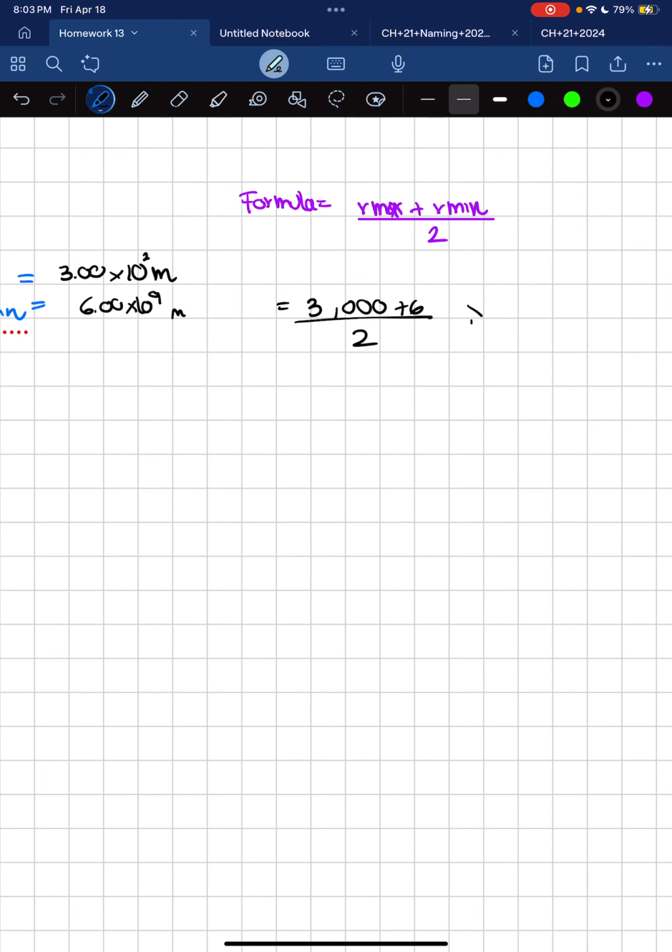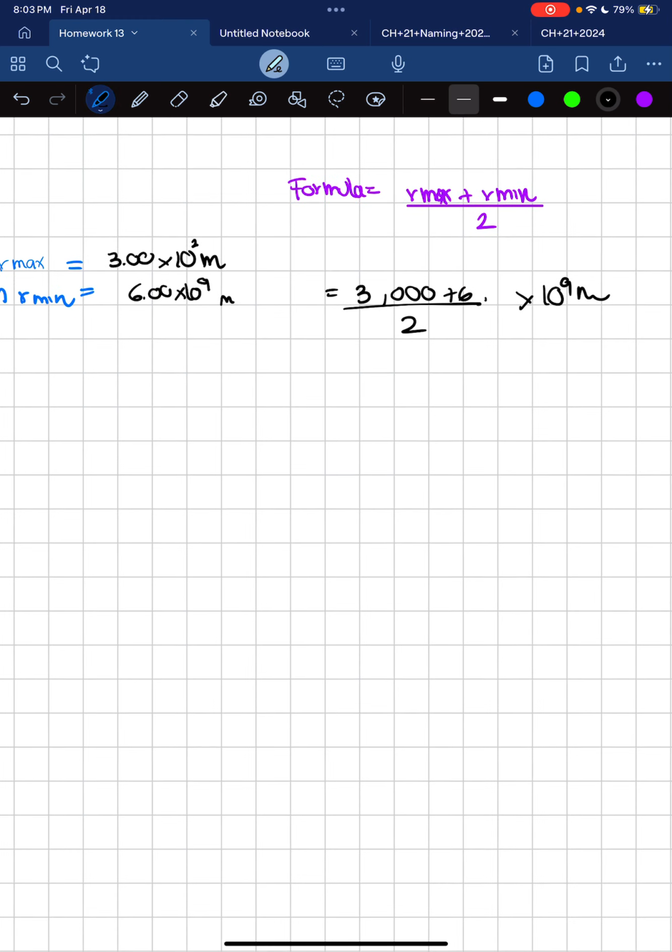And then that times 10.9. Then when we do this in our calculator, we get that the semi-major axis is gonna be 1.5 times 10 to the 12 meters.